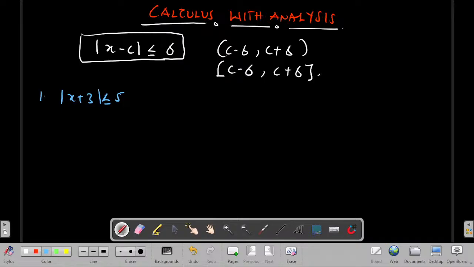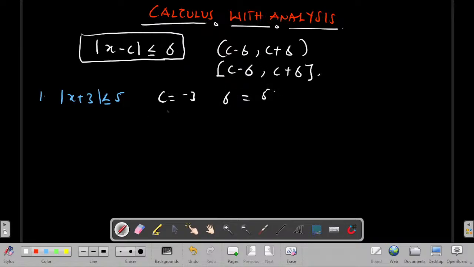To solve this problem, we are just going to find our c as well as our radius. Our c is simply equal to negative 3, if you can see clearly. Then our delta, which is our radius, is going to give us 5.